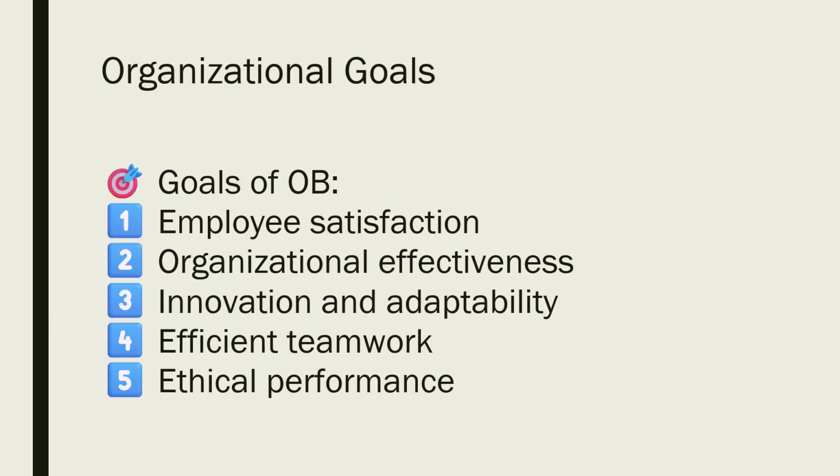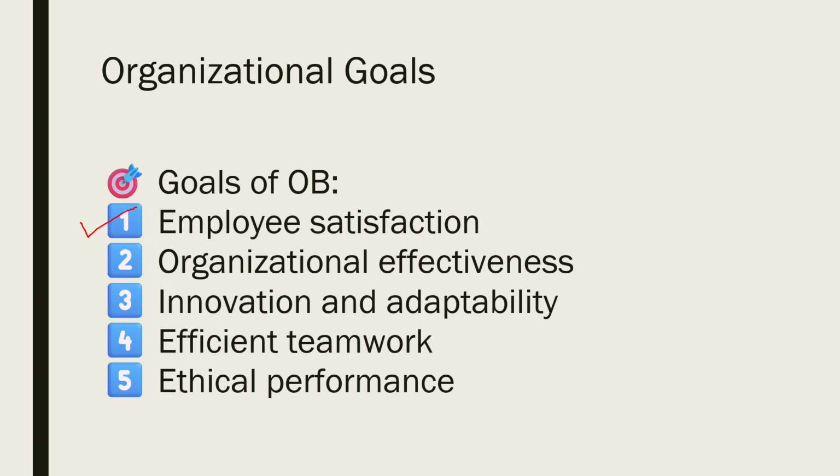Let's quickly move on to organizational goals. The goals of organizational behavior: the very first one is employee satisfaction. If the employees are not satisfied in the organization, then the organizational objectives or the organizational structure would not work efficiently. So satisfaction of the employees is the very first goal of OB.